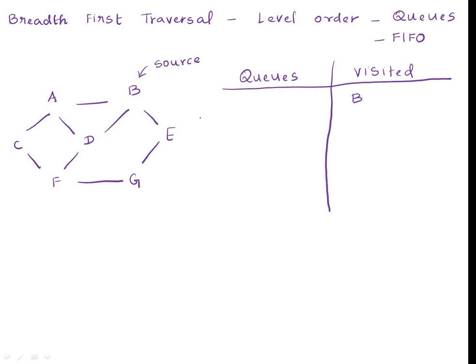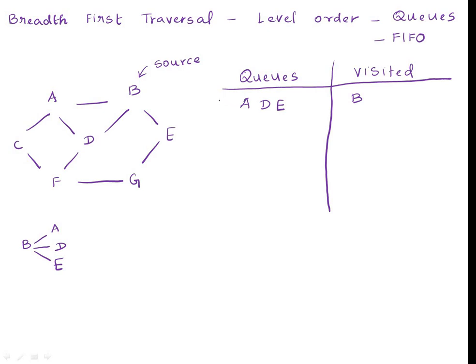Check for the degree of B, similar to DFS traversal. The degree of B is equal to 3. B is connected to A, B is connected to D and B is connected to E. Similar to the previous problem, here again we update the content of the queue in alphabetical order.